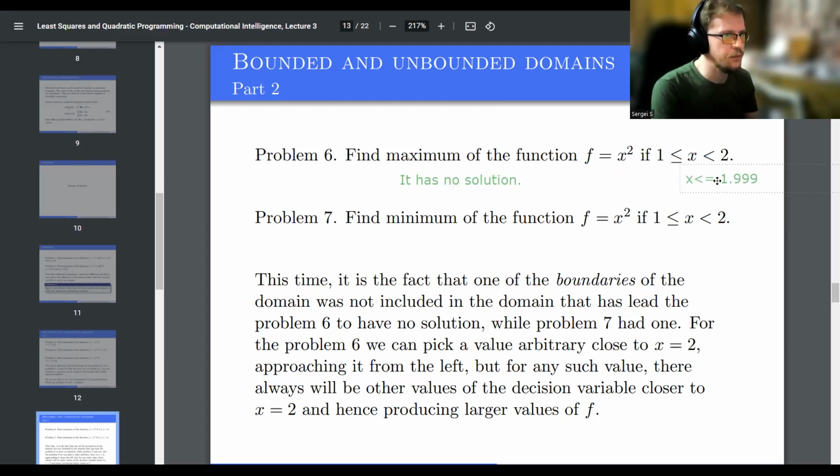So this is how we would write it in an engineering context. We would identify the margin that we are willing to observe, and we write a non-strict inequality with the margin built in. So this problem we cannot solve. Problem 6 we cannot solve, and we don't want to solve it. It's a bad problem.